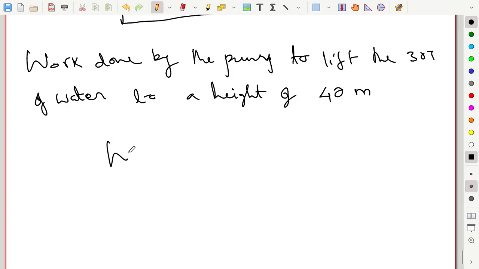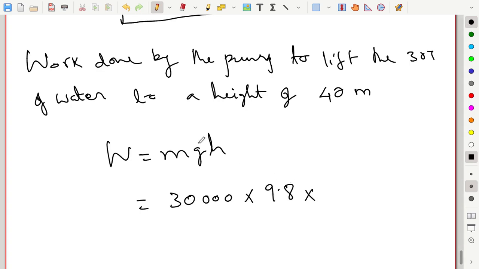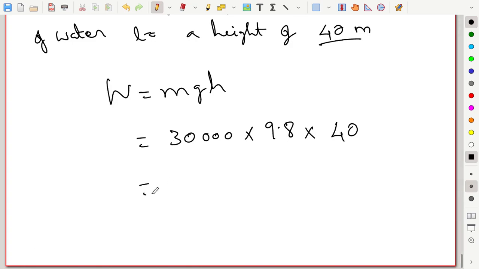So the work done equals the potential energy stored in the water, which is mgh. Instead of m, we can put now 30,000, into g, we take it as 9.8, and h is 40 meters. Therefore, the work done is, I have already calculated this value, 11,760 kJ.